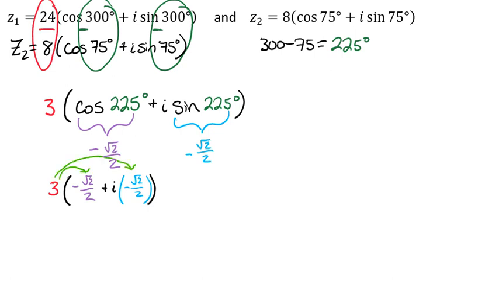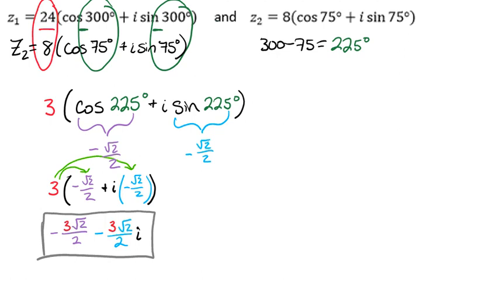We distribute our 3, and that's going to give us a negative 3 times radical 2 over 2 minus 3 times radical 2 over 2 I. And that is our solution, and we're finished. So multiplying and dividing complex numbers when they're in trigonometric form doesn't have to be scary or overwhelming.